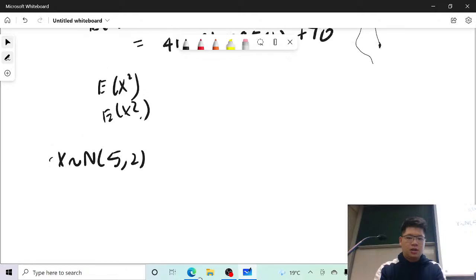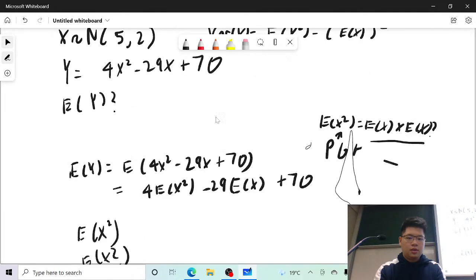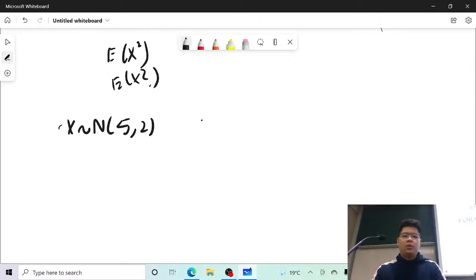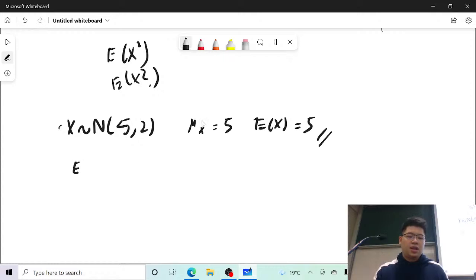From our definition of the normal distribution and our notation, we recognize that the mean of x is just 5, because that's what the question tells us. This means that we already found that E[x], the expected value of x, equals 5. So that solves the first part here. The only hard part left is E[x squared].